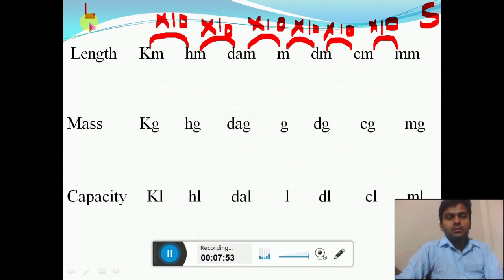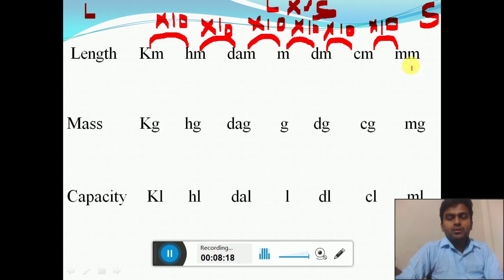So remember this: when converting a larger unit into a smaller unit, you have to multiply by 10, 100, 1000, 10,000 and so on.